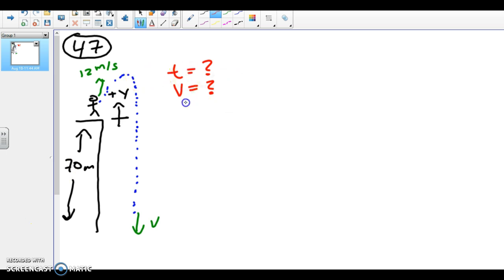All right, what do we know? Well, we know our initial velocity is 12 meters per second. This is under free fall the whole time. Gravity is the only thing acting on it, so my acceleration is negative 9.8 meters per second squared. I know it's negative because I defined up as positive, and I know that gravity always points down.